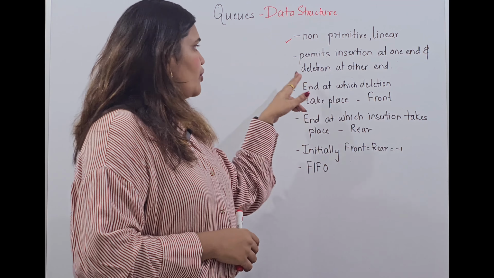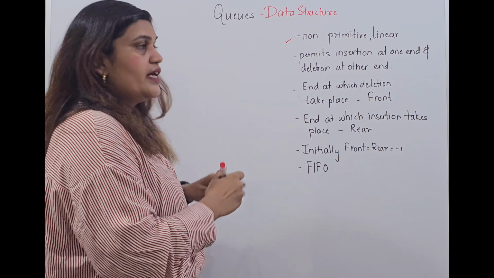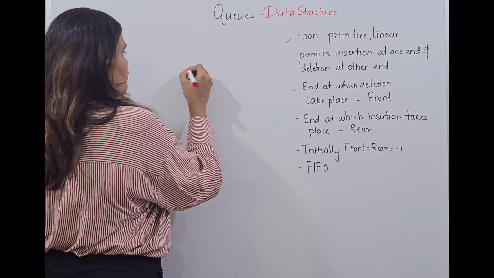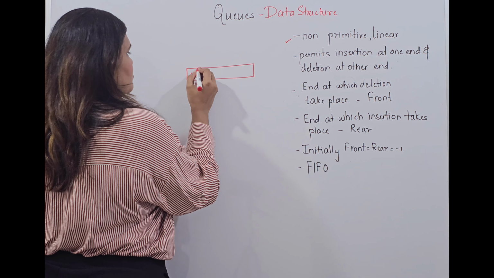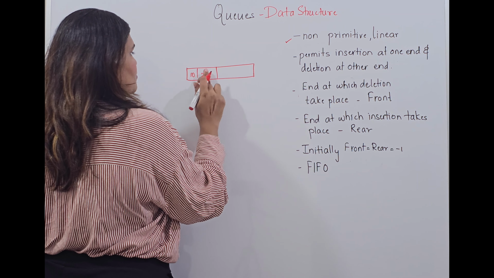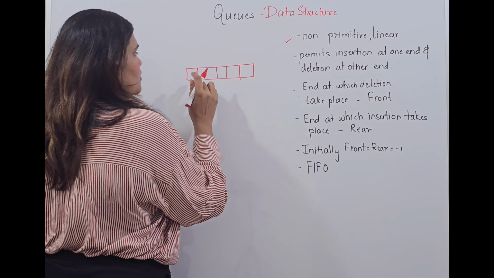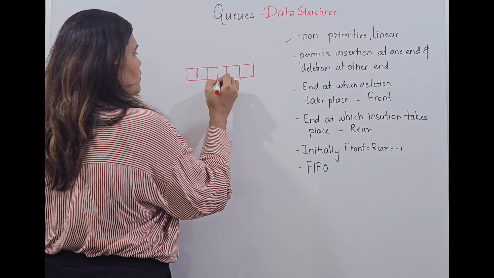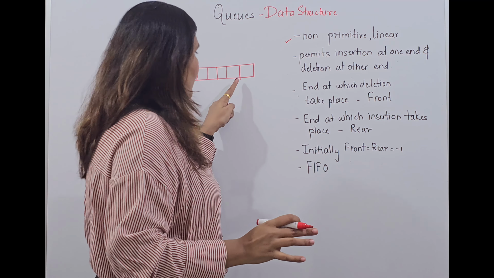To understand point number 2, we need to dig down into the topic of queue, structurally. This is how your queue would be represented, just like an array. I would not put the elements for now, I'll just show the representation. Memory would be allocated just like an array. However, this is not an array, this is a queue.